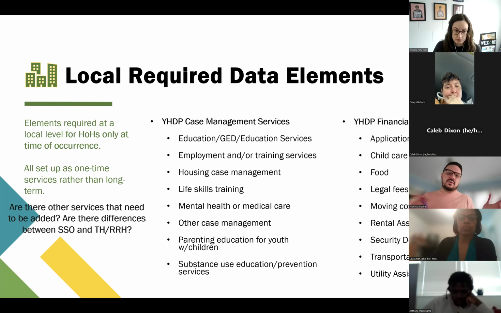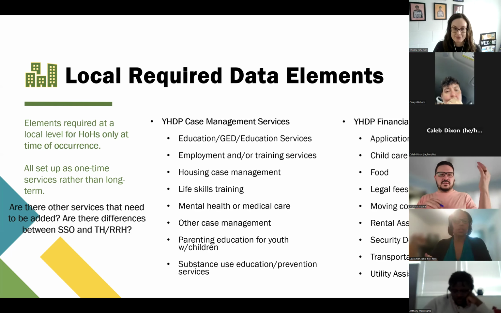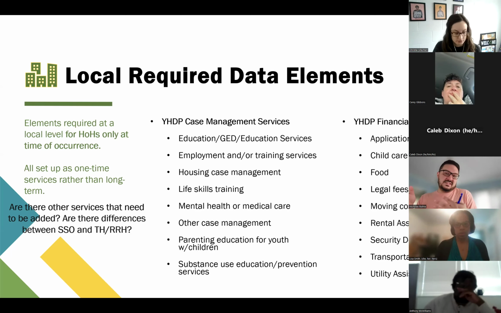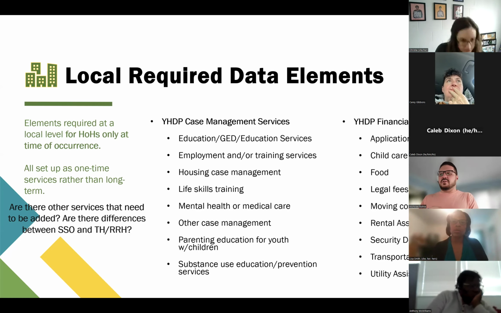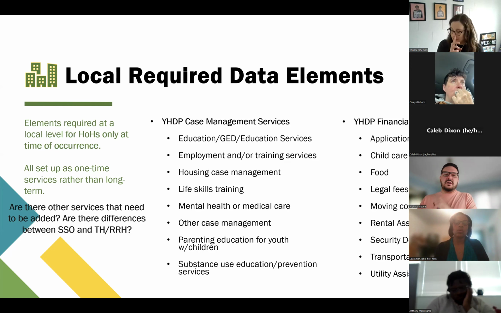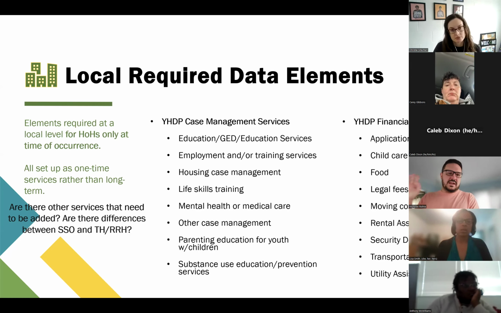I didn't want to go down the referral route. There's a list of referrals that we could use, but I would just put a service in and then there's a note section where you can type in something if you feel like you need to. But I'm okay with even just putting in, yeah, I linked them to Frontline for mental health. And you just put a mental health service in there, right? And I know that was part of the work you did. Okay. All right. Thank you.